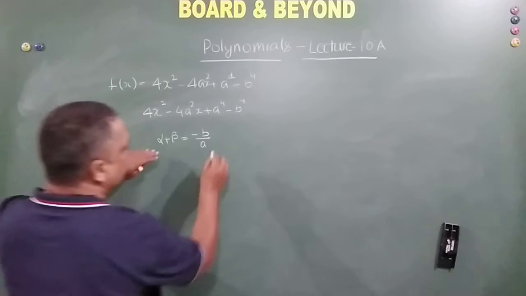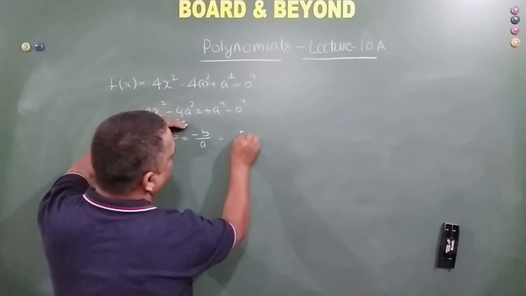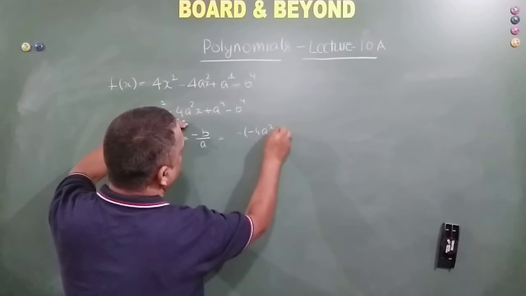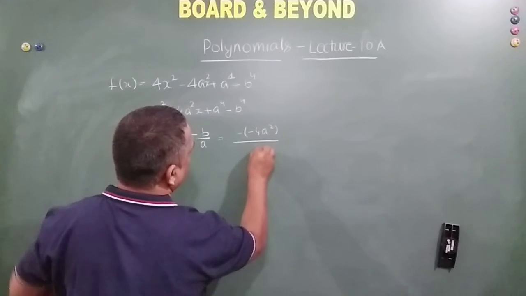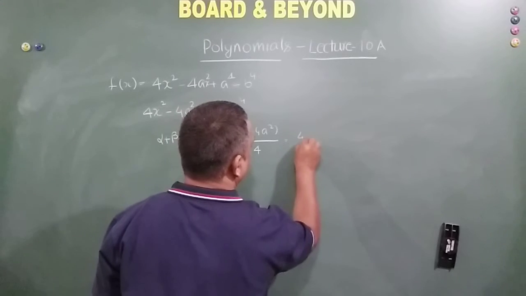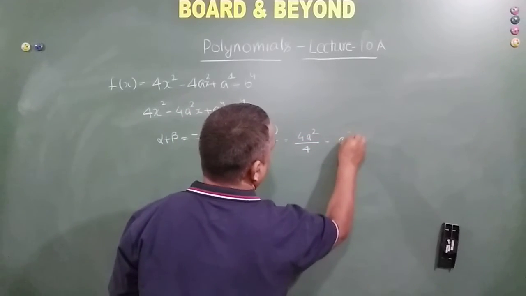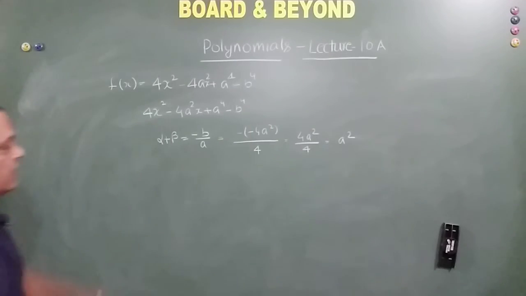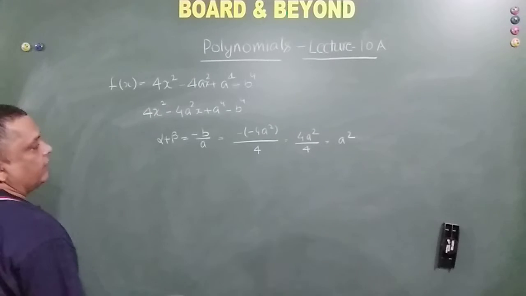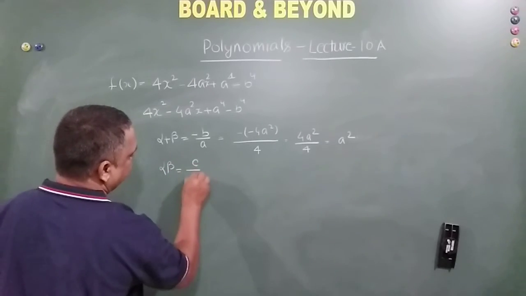Looking at the original equation, that is minus of minus 4a square divided by a, which is 4, so equal to 4a square by 4, which is a square. So the sum of the roots is equal to a square. Now we will verify the product of the roots.